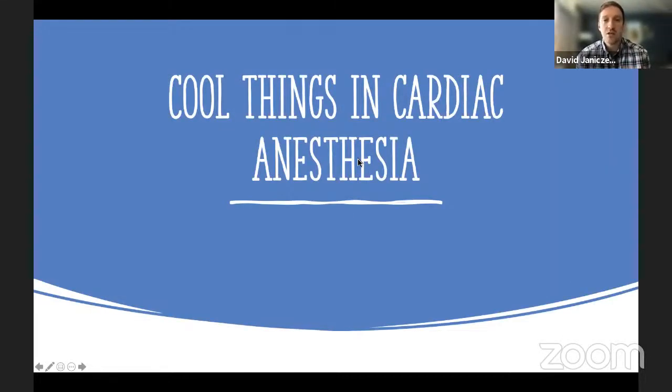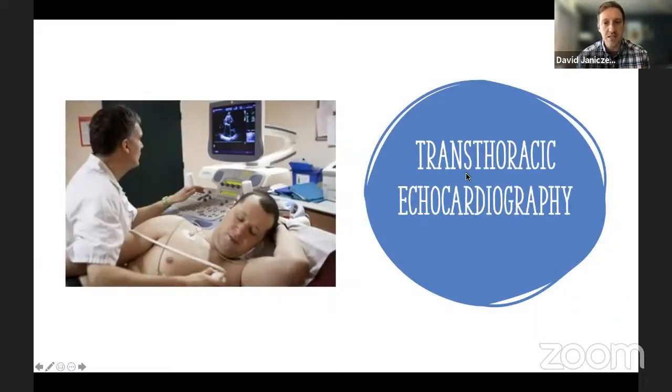So at this point, I want to talk about some cool things in cardiac anesthesia, and hopefully you guys think these are as cool as I do. So first, transthoracic echocardiography. So this is basically looking at the heart from the outside of the chest. This is an ultrasound probe, and you can see the screen up here. Basically, this gives us some pictures of the heart in a very minimally invasive manner.